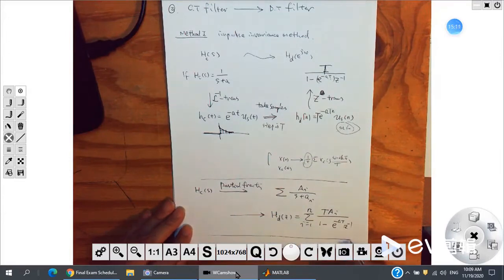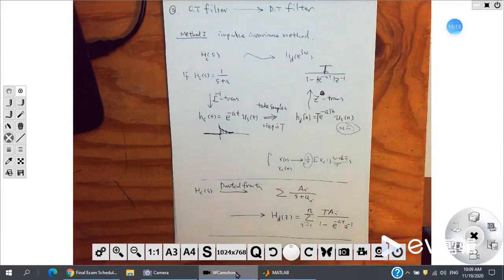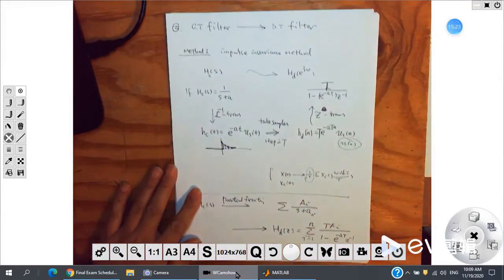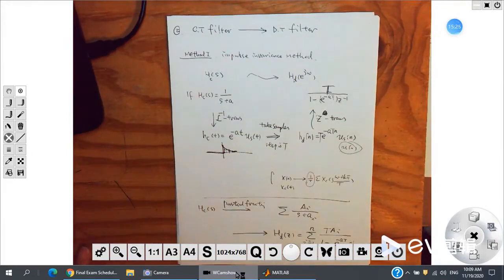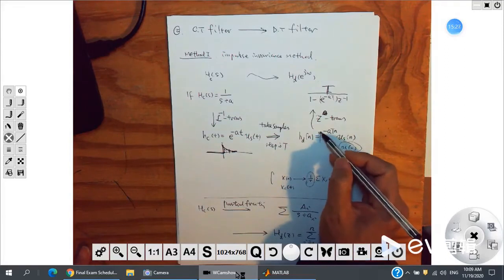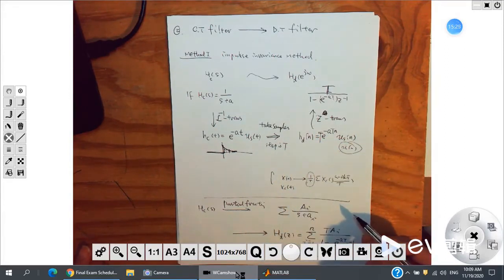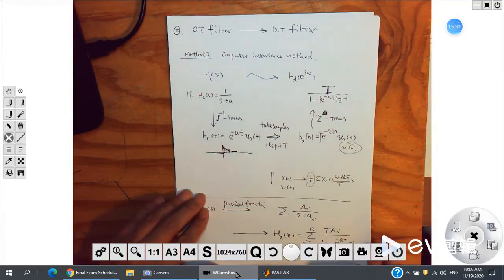Okay, so the method just looks like this. This is the first method. It is called impulse invariance. Not exactly invariance, since you need to multiply by T here. This is method 1.